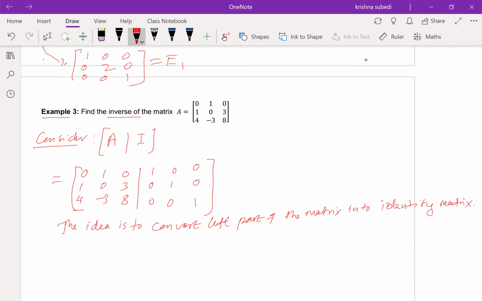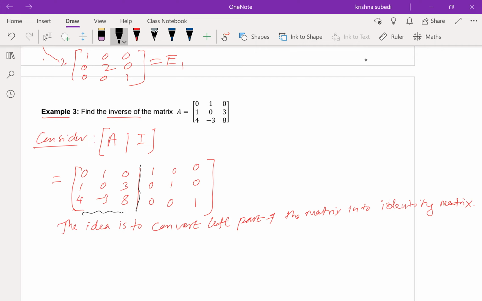Then whatever is left on the right-hand side will be the inverse, and we'll verify that. So our goal is to change the left-hand side, the part right here, into the identity matrix. Use the same process that you used in changing into echelon form, and try to change this left part of the matrix, the part left of the line, into the identity.